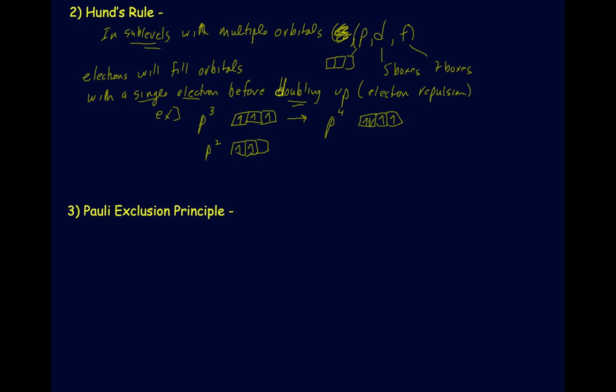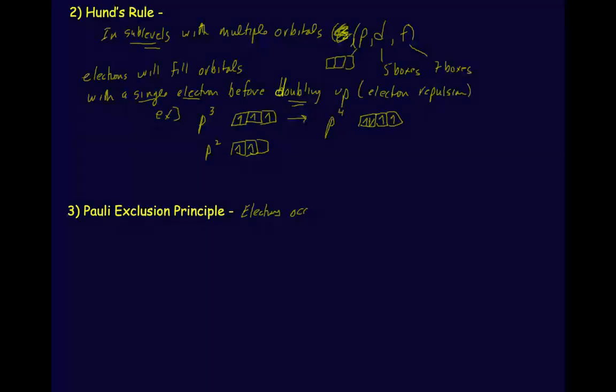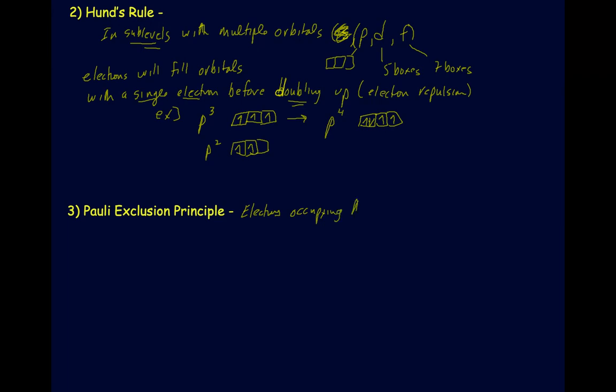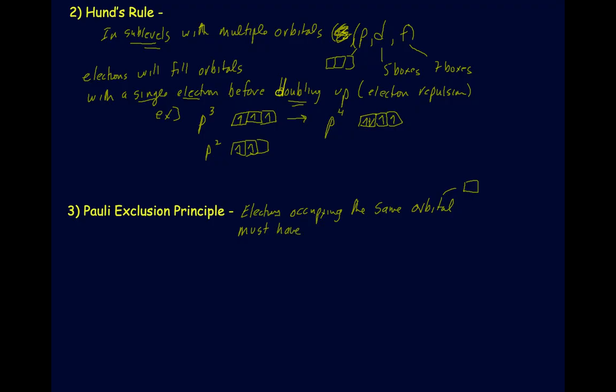And there's one more left, and that's called the Pauli exclusion principle. Wolfgang Pauli came up with this idea. The idea behind this one, again one more real rule, is that electrons occupying the same orbital, and an orbital is a box, must have opposite spins.